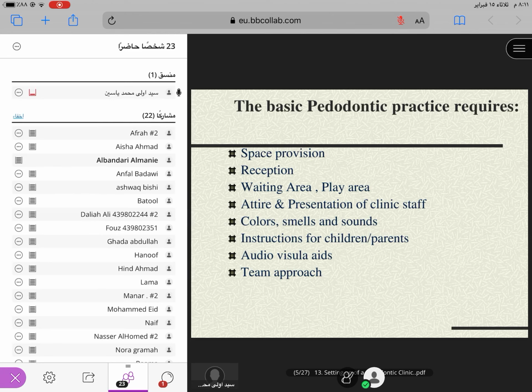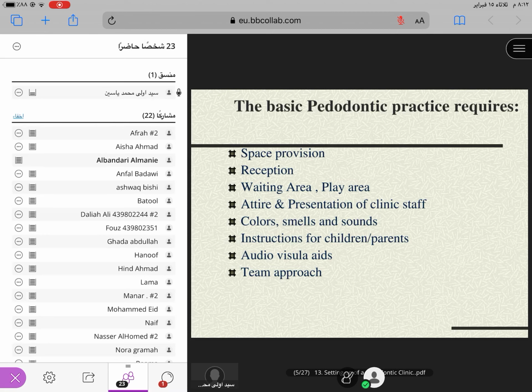Apart from that, other factors are also important, like the attire. Attire means the dressing and the behavior of the clinic staff, the color, smells, and sounds of the clinic. Okay, sounds that are produced in the clinic, instructions for the children and parents, audio visual aids, as well as overall a team approach is required to deliver quality dental care for the children. Okay, it is not only the pediatric dentist who is responsible for providing quality dental care.